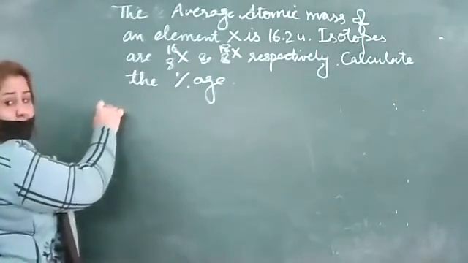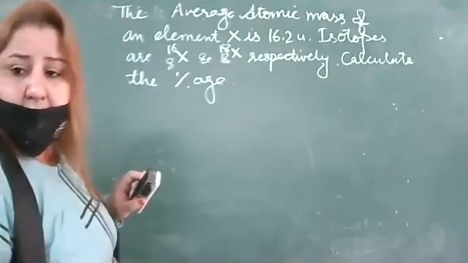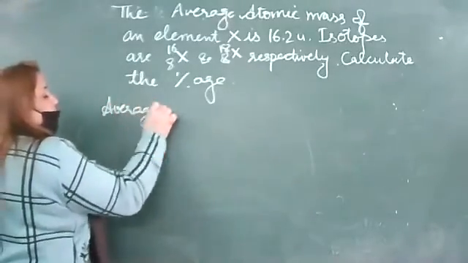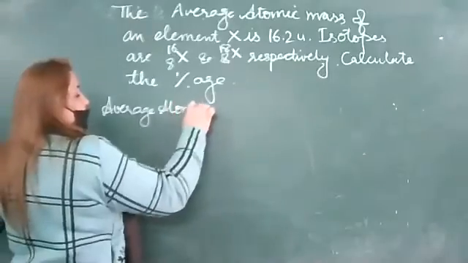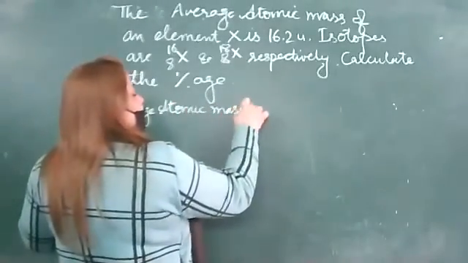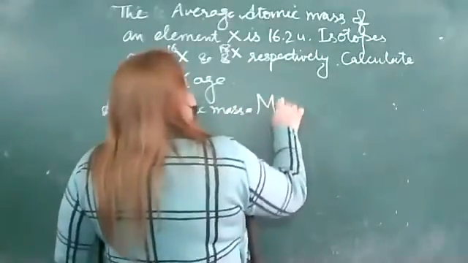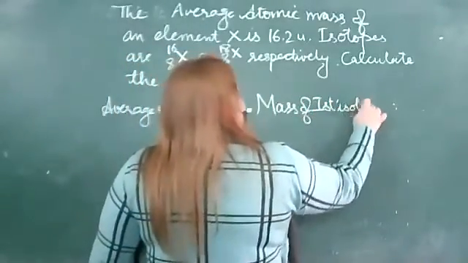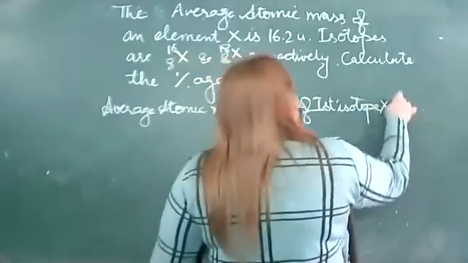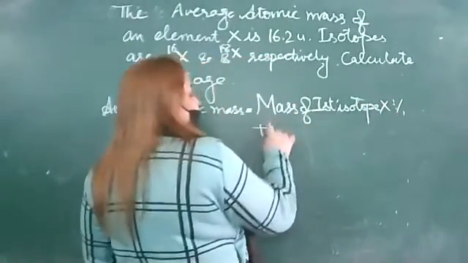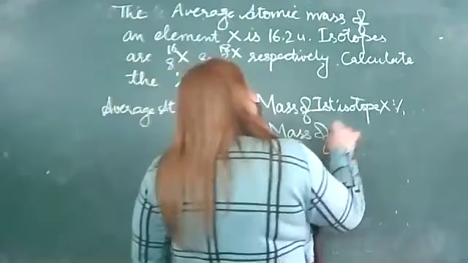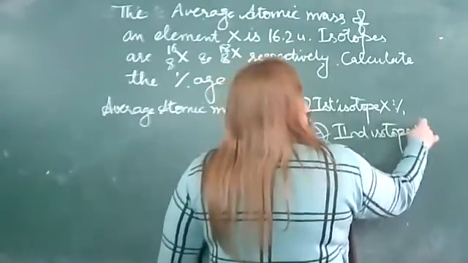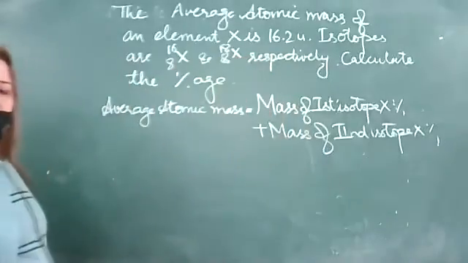First we will write down the formula. Average atomic mass is equal to mass of first isotope multiplied by percentage plus mass of second isotope multiplied by percentage.